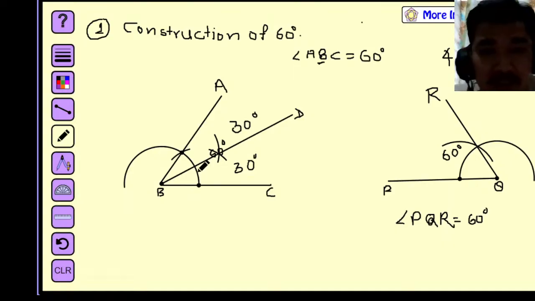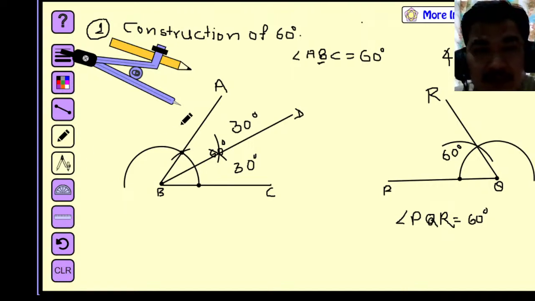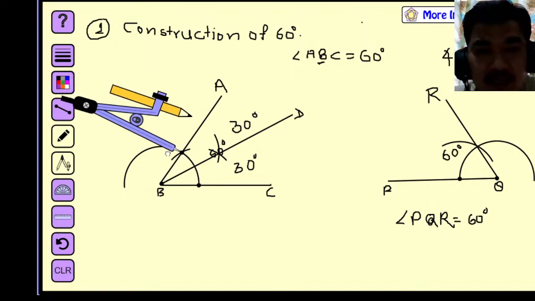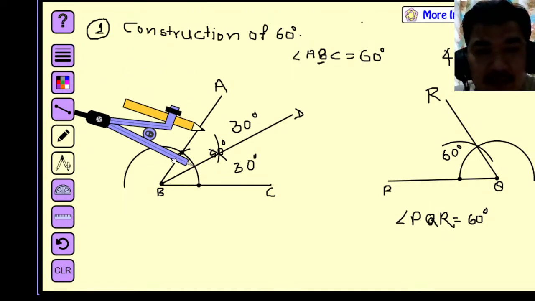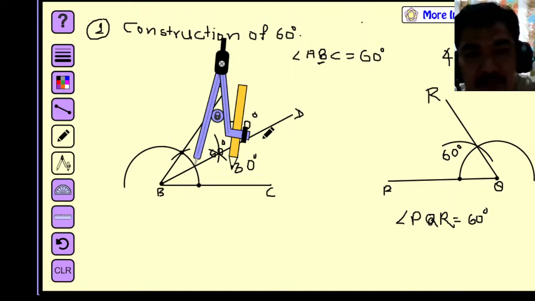Similarly, again take the help of the compass, and we should not move the arc. Then if we cut again from here, this is the main arc point of this 30 degree.